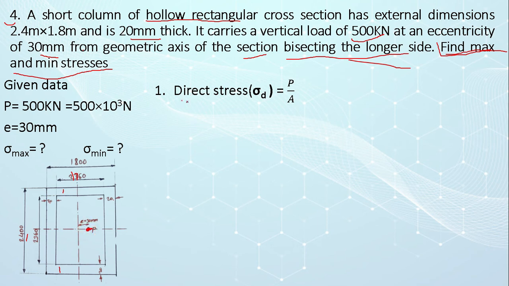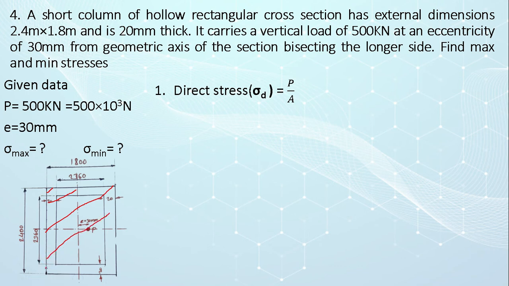So first, direct stress sigma D is equal to simply load divided by cross sectional area. We know the magnitude of load, 500 into 10 raised to 3. For the calculation of area, first of all we will calculate the whole area, and then we will subtract this much of area. So we will get the area of this cross section.